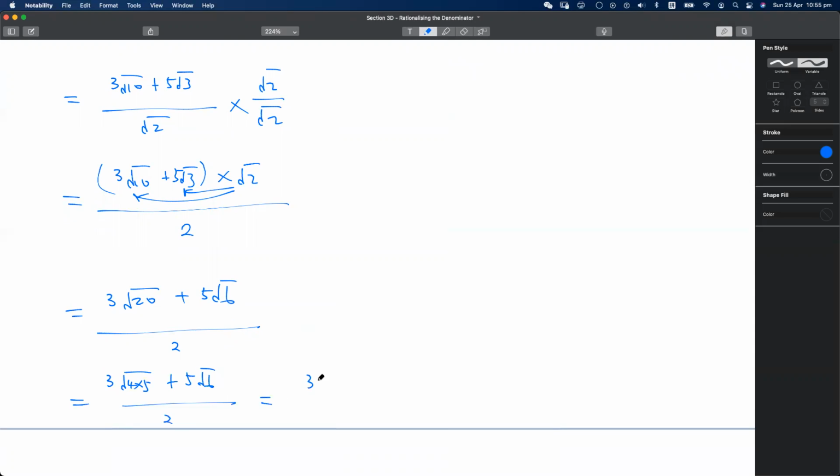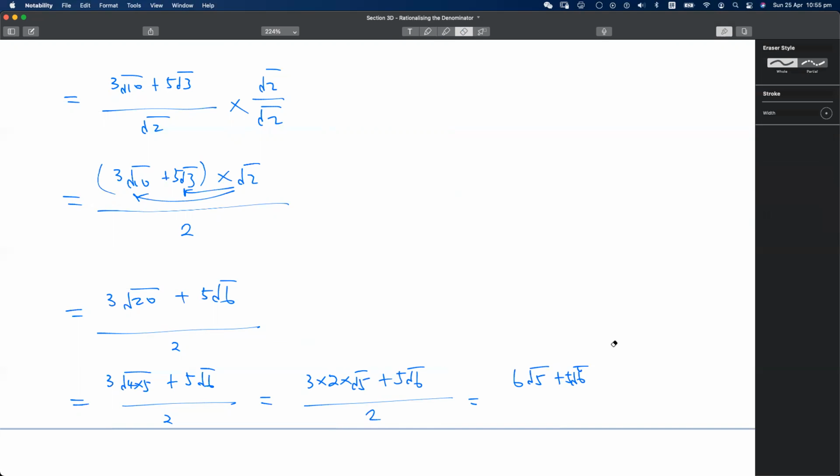So this is 3 times 2 times root 5 plus 5 root 6 over 2. All right, so the answer is just 6 root 5 plus 5 root 6 over 2.